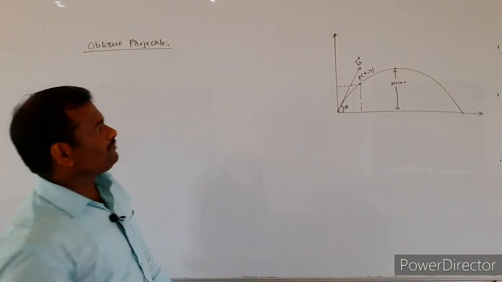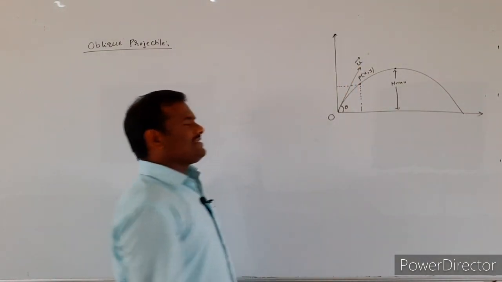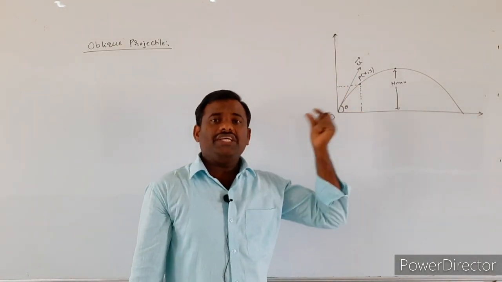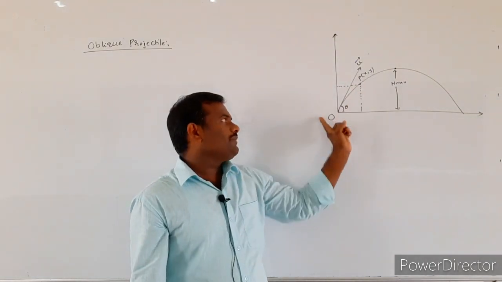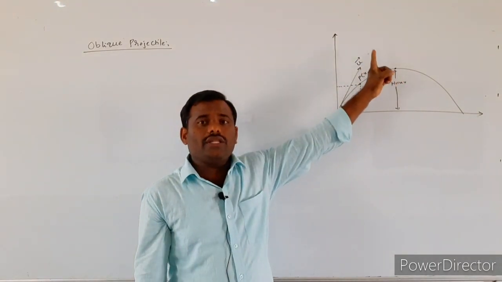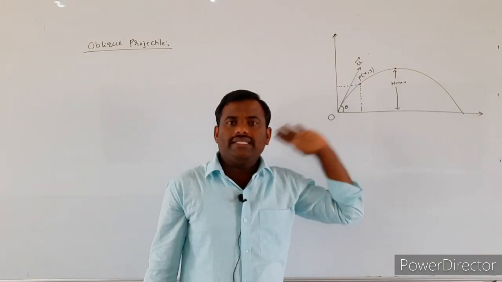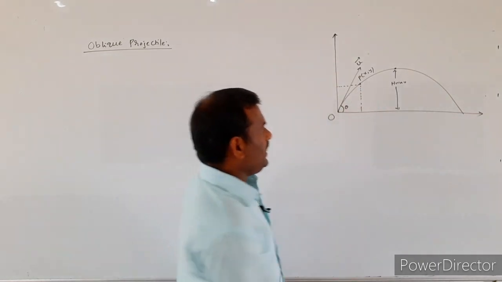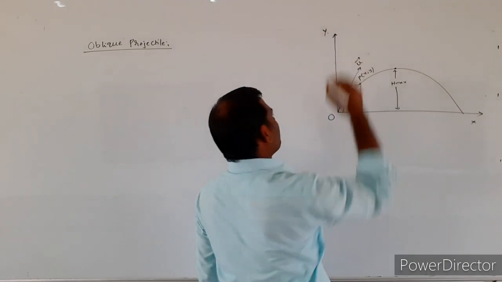So we assume that a body of mass m is projected with an initial velocity vector u bar, making an angle theta with respect to the horizontal, which is present in the xy plane.